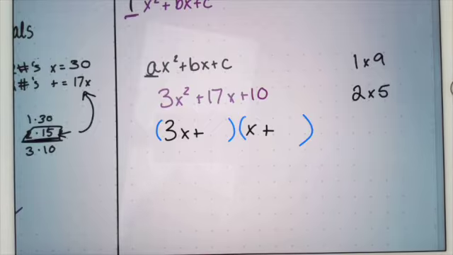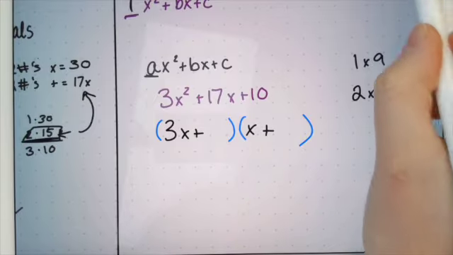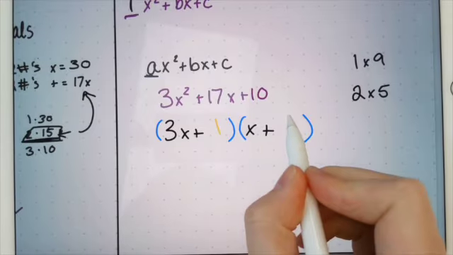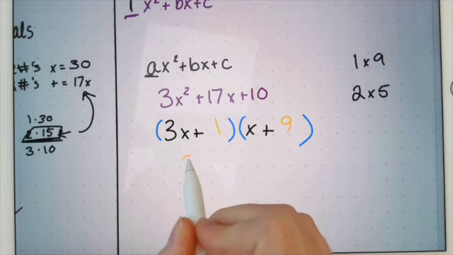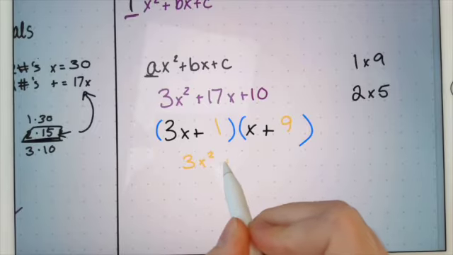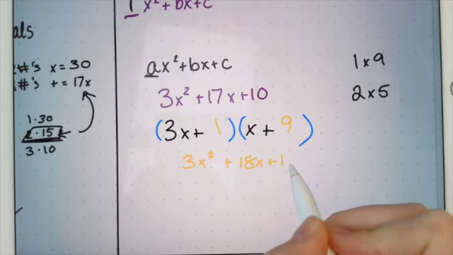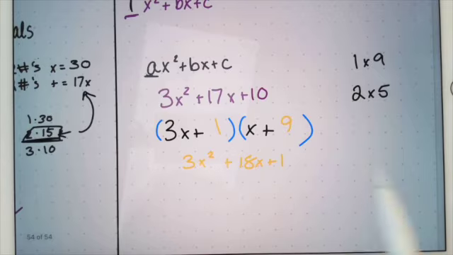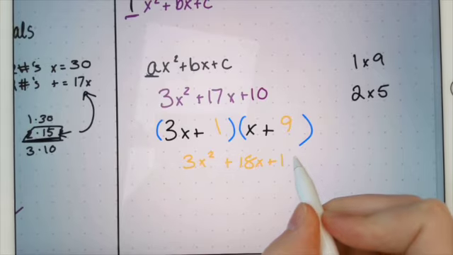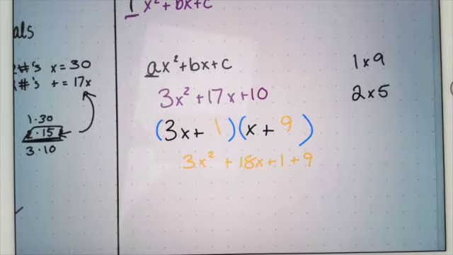Let's test this. If I added 1 and 9, what I'm going to get is 3x squared plus 18x plus 1. If there was a positive and negative value, this one might work here, but it doesn't in this case. And then plus 9.